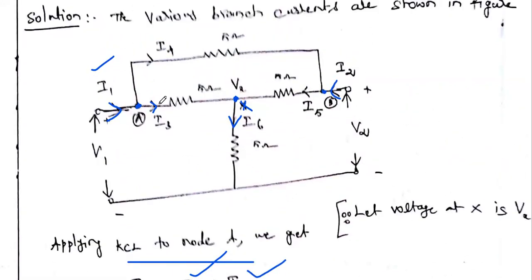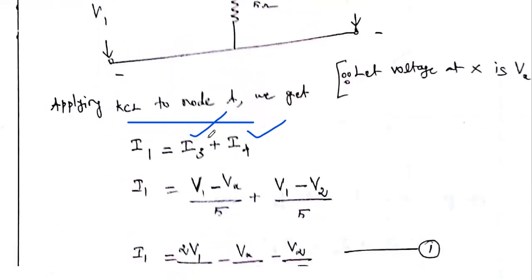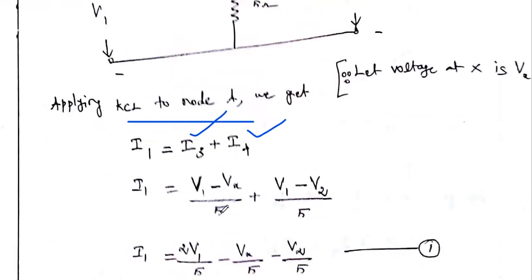The current I3 flows through this 5 ohm resistor. According to Ohm's law, it is the starting node voltage V1 minus the ending node voltage Vx, divided by 5. So I3 is V1 minus Vx divided by 5.